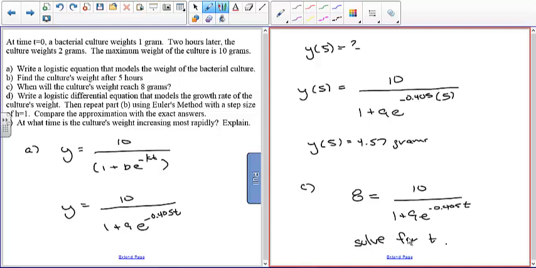So here's an example of solving exponential equations, which you did in pre-calculus. Let's see what we got here.